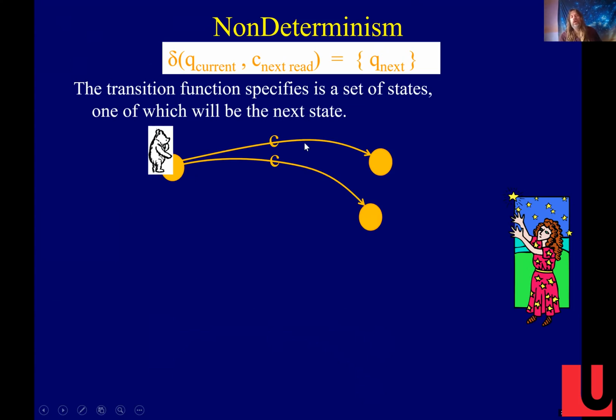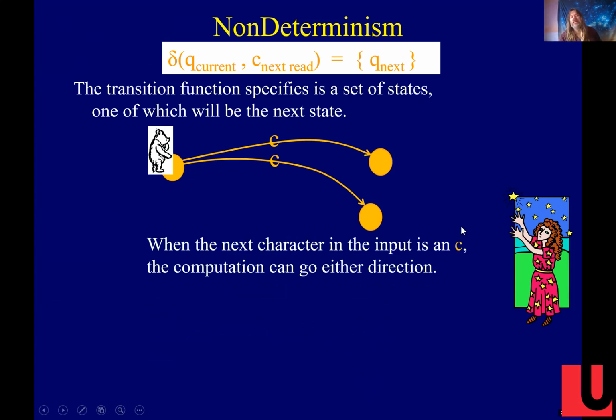If the next character is a C, you could flow along here, or you could flow along there. And actually, maybe I should have added this to the slide. If there's also an epsilon transition here, then you would have a choice. You could take that epsilon transition, you could read the next character and go here, or you could read the next character and go here. Does that make sense?